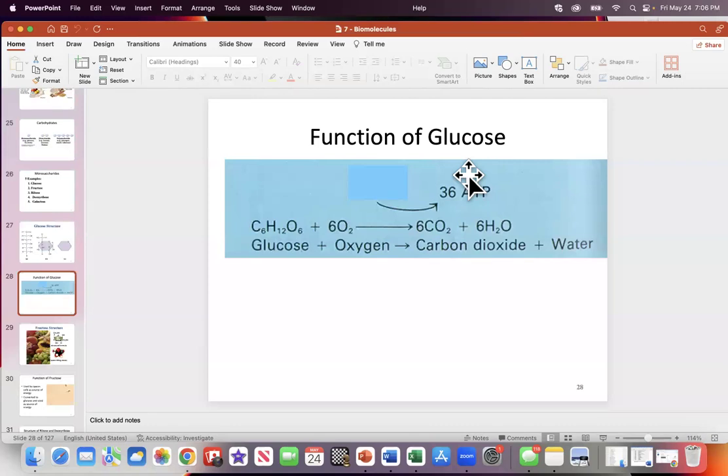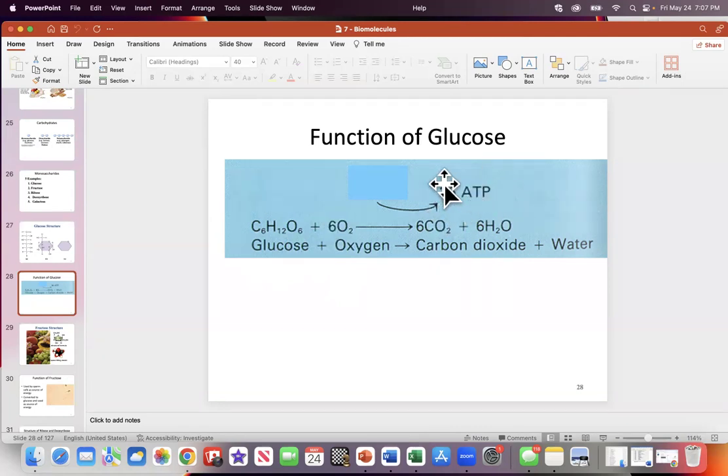But we don't eat ATP, we eat carb. So when we eat carbohydrate, your digestive system will cut the carb into glucose. That's the simple sugar. And every cell in your body will take glucose in, and with oxygen. And that's why we breathe in oxygen, because your cells need oxygen. They take glucose and oxygen and they produce ATPs.